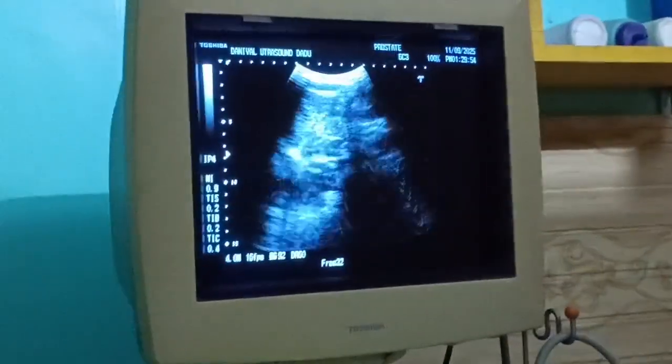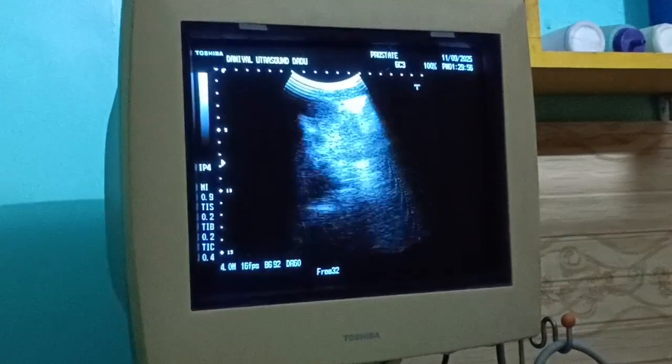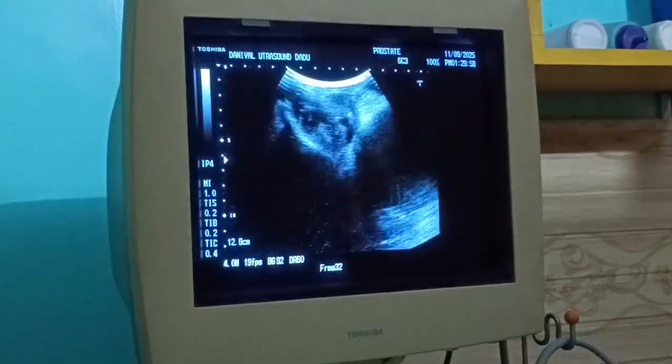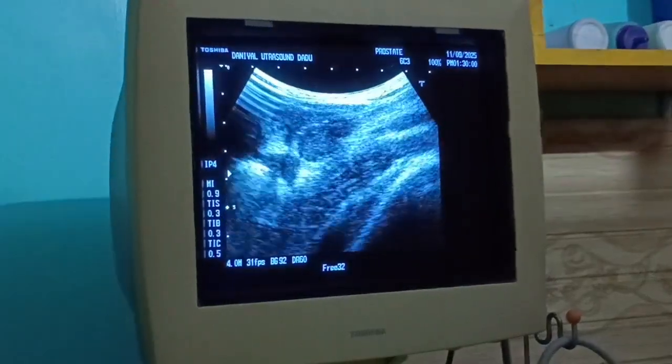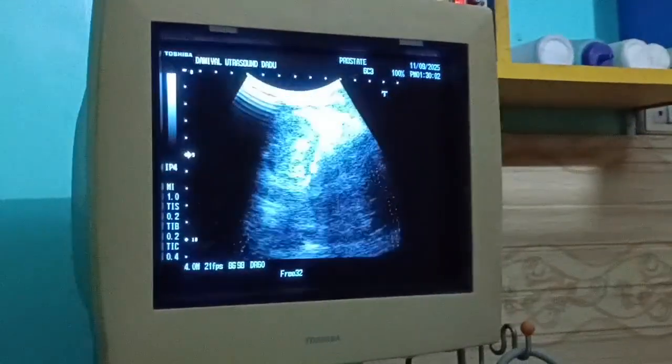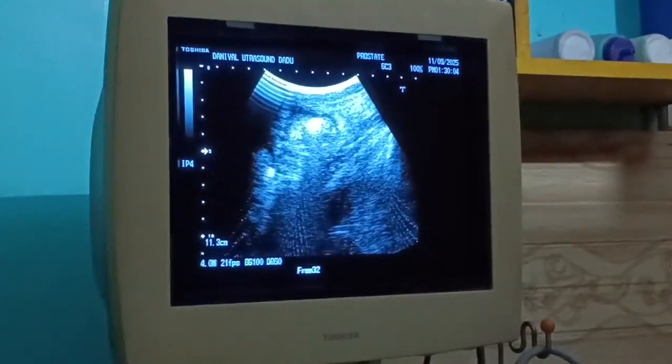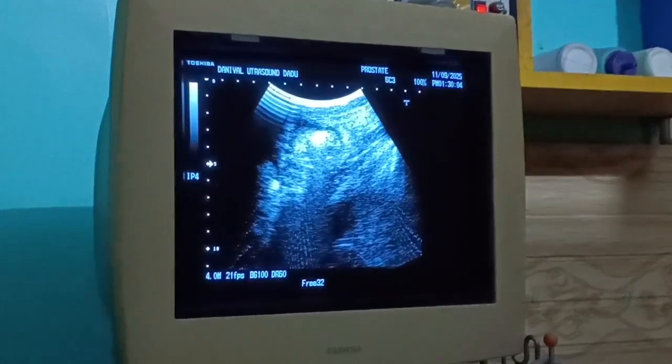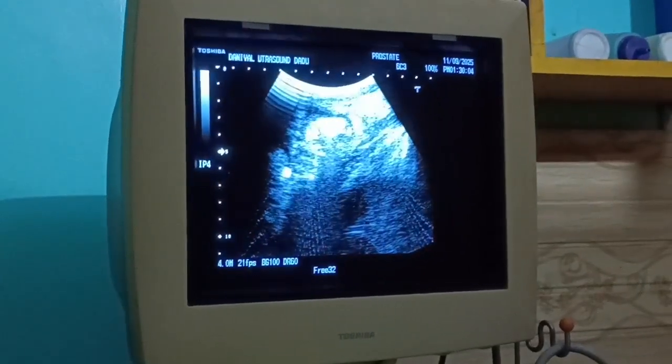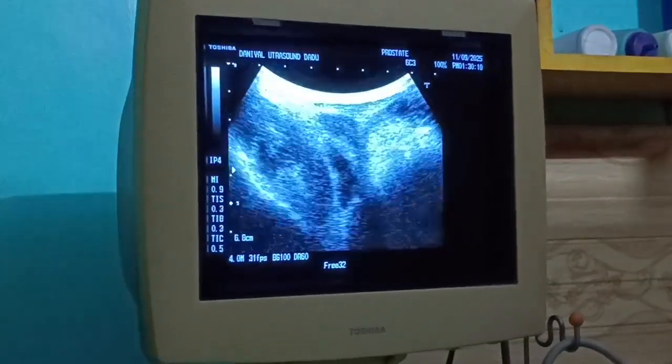Now let's go to the right lower quadrant of abdomen. What we see here is a complex picture. Now, what is the complex picture?